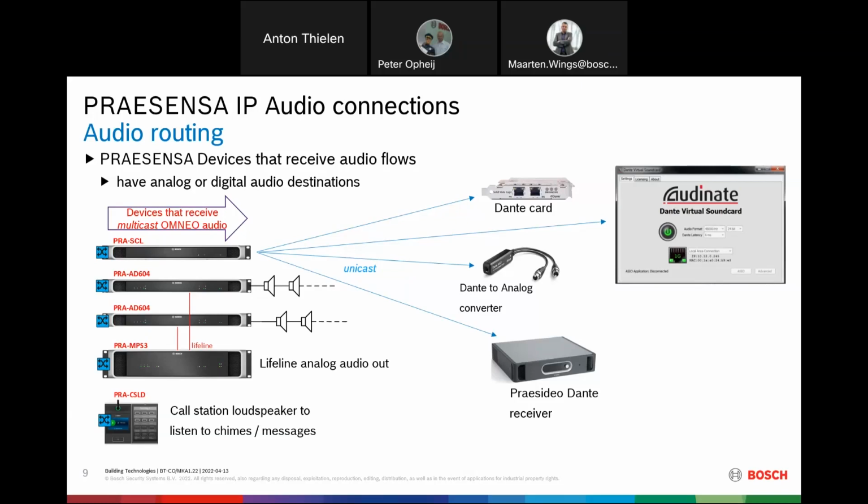So you know that it's really the chime, which is also played at the loudspeakers in the field. So that means this call station is also a receiver of that Omnio stream to play that chime or message on the call station.